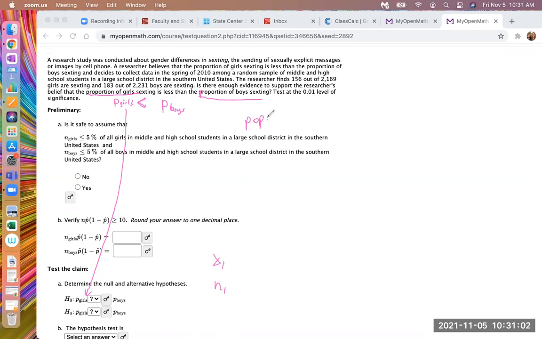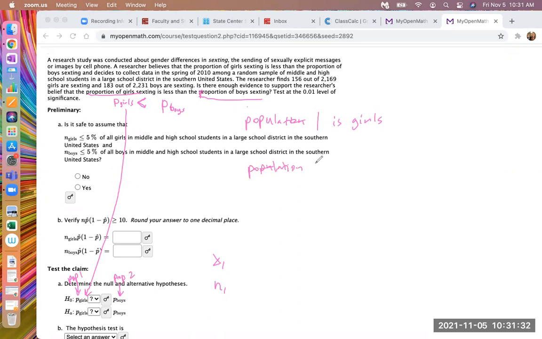And population 2 is the one they list second. This is population 1, the one listed to the left in the null hypothesis, and population 2 is listed to the right in the null hypothesis. So population 2 is the boys.